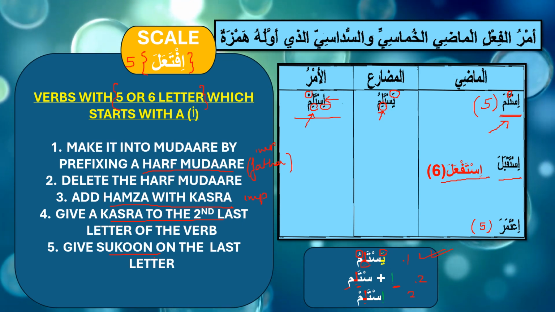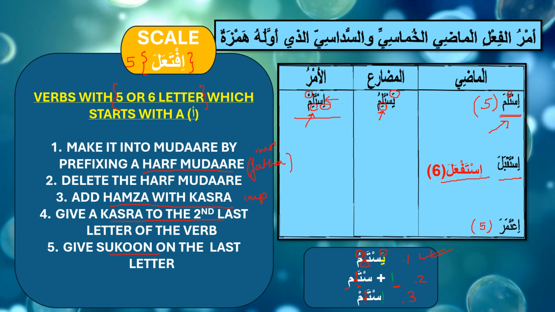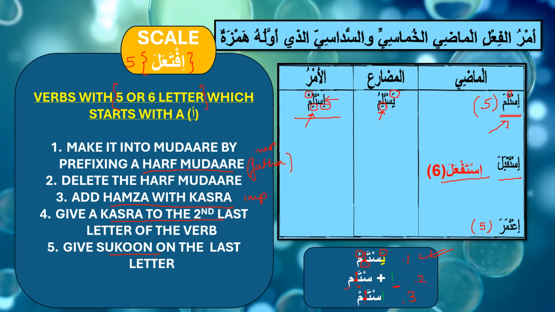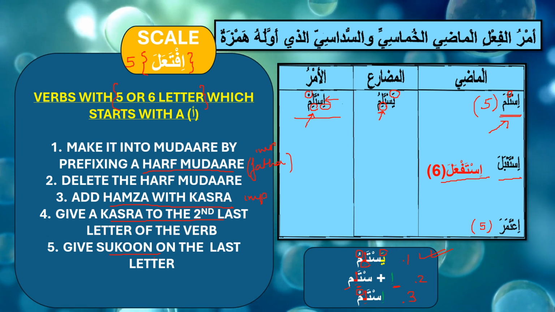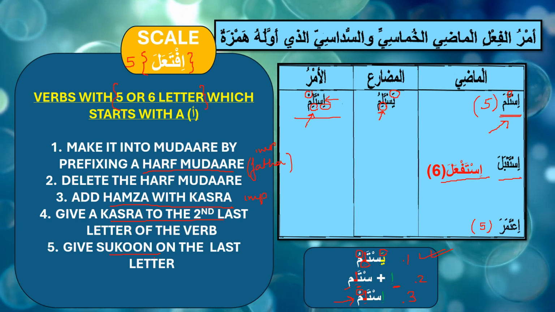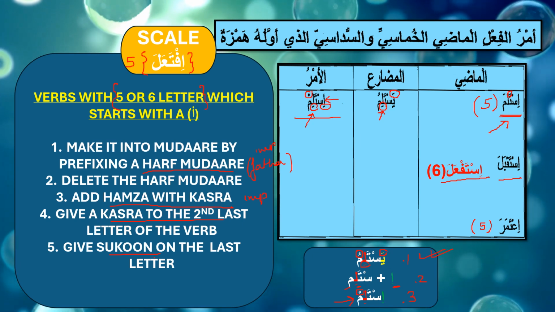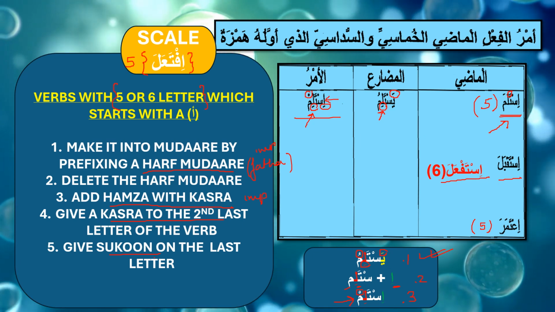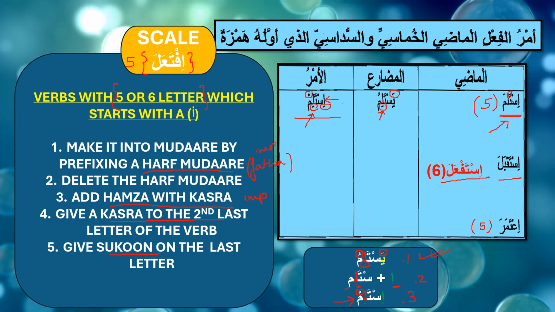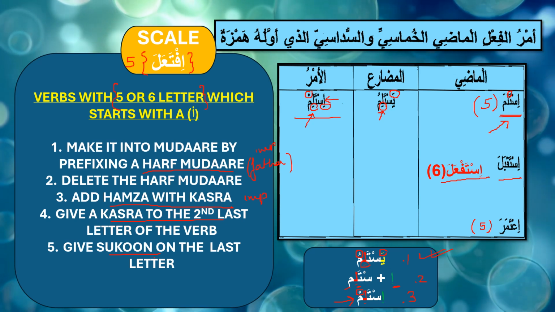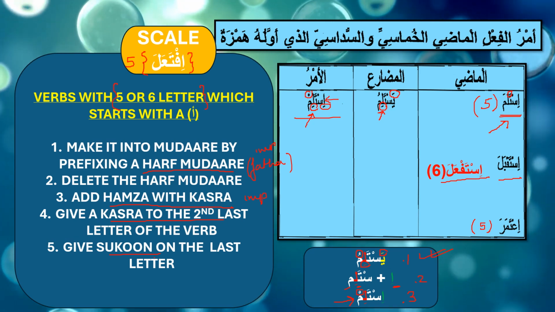So in the third step, what happens? You have your structure istalim, and giving a sukun on the last letter would be completing the structure of the command. So in the last step, when you make it into a command, it becomes istalim. So that's how you get your structure.